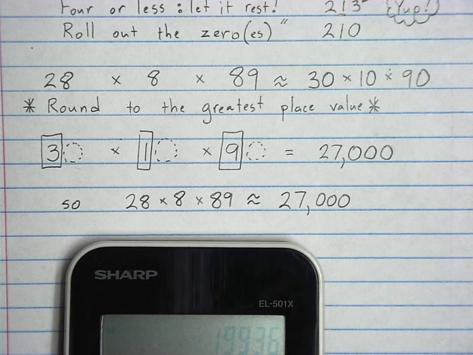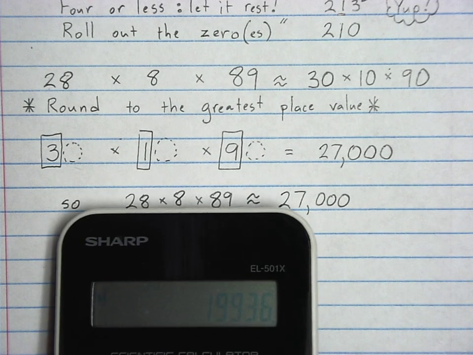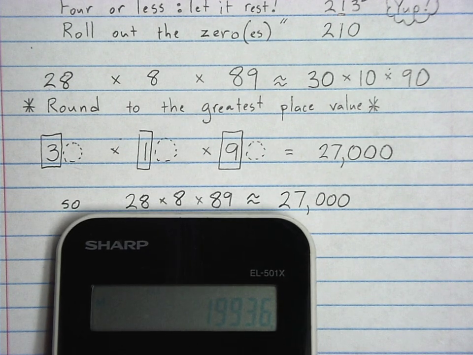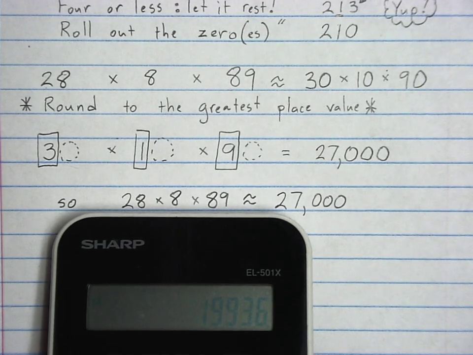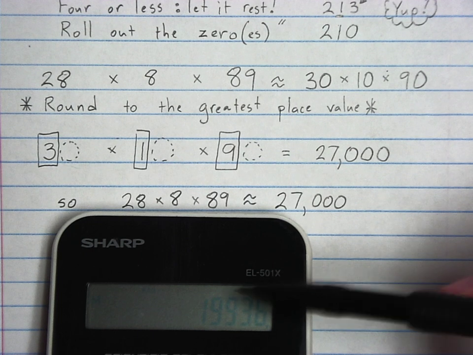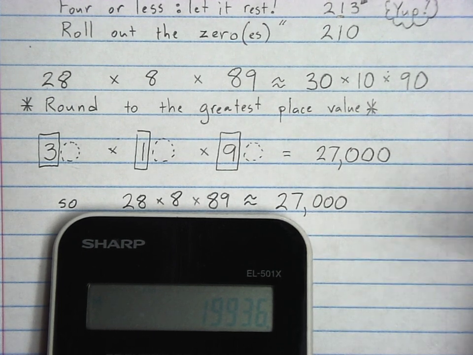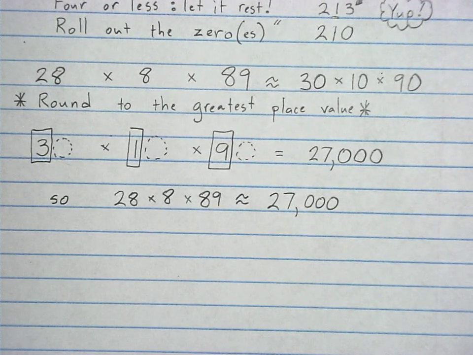When I use the calculator, I know it's really hard to see on the screen, 19,936. That is off by a bit. But I still have a 5-digit number. It's not too terrible.